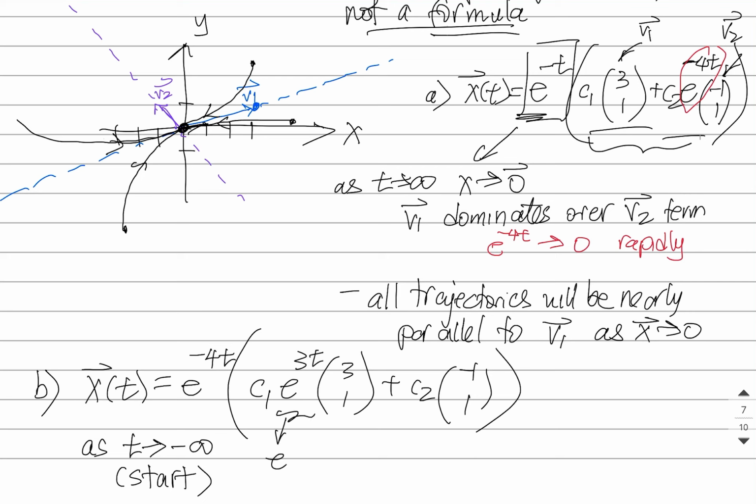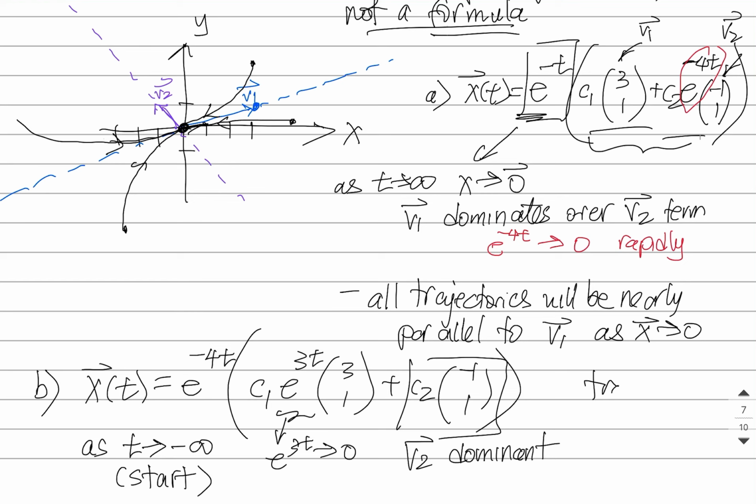Well, this e to the 3t will go to 0 when time goes to negative infinity. So at the, quote, beginning, this term with the v2 is the dominant term. So where all of these trajectories start far in the past is along v2.